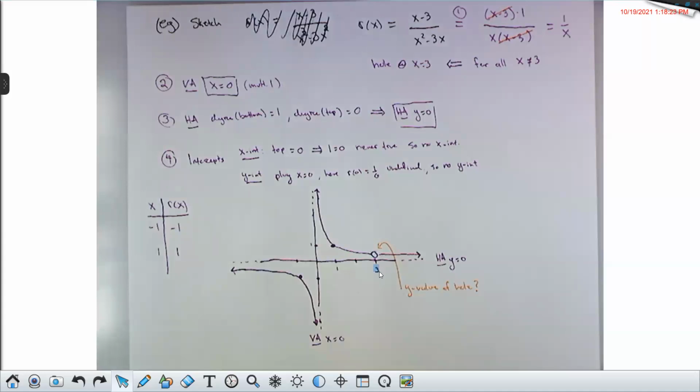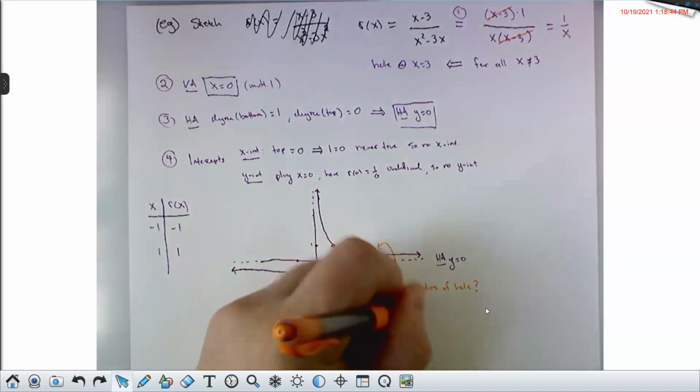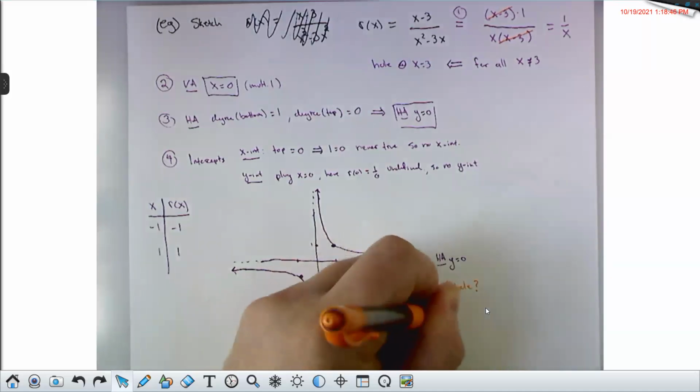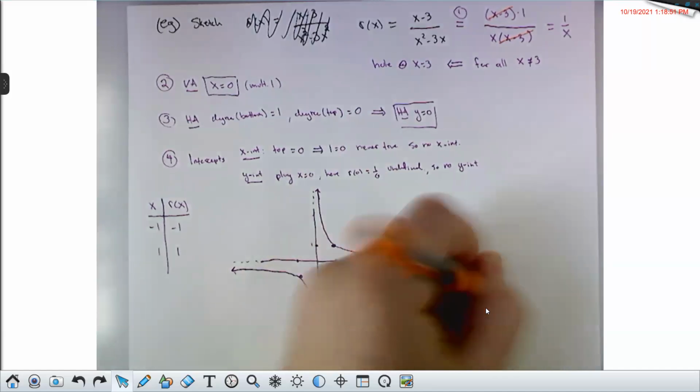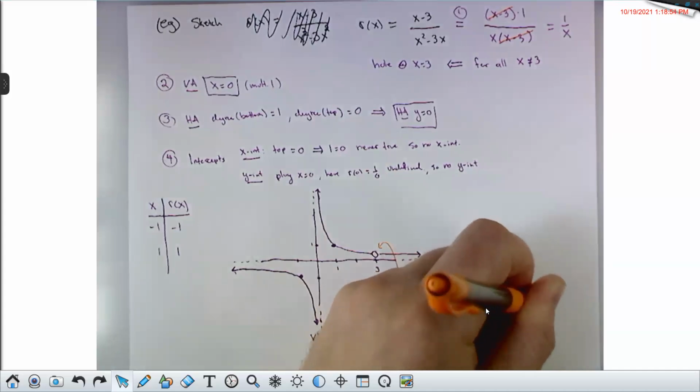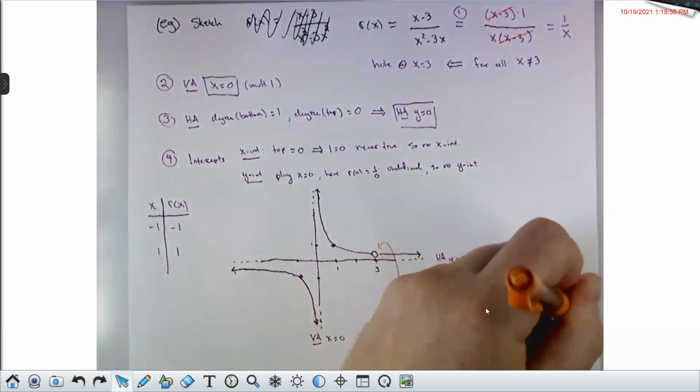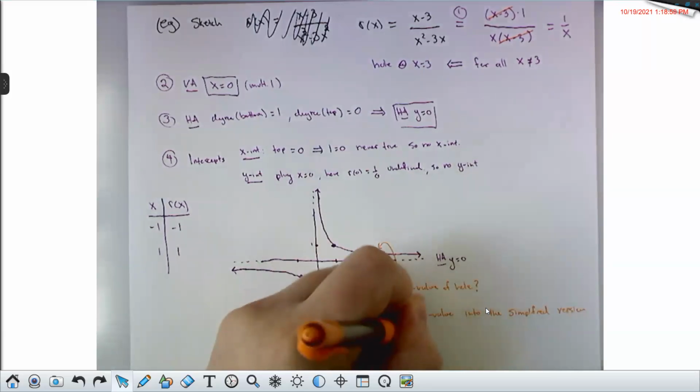1/3. Oh, well, so its x coordinate is definitely 3, right? We know that. That's what we said earlier. The x coordinate there is 3. The y coordinate is the y value that would normally be on the graph there. So to find the y value of a hole, you plug the x value into the simplified version of the function.